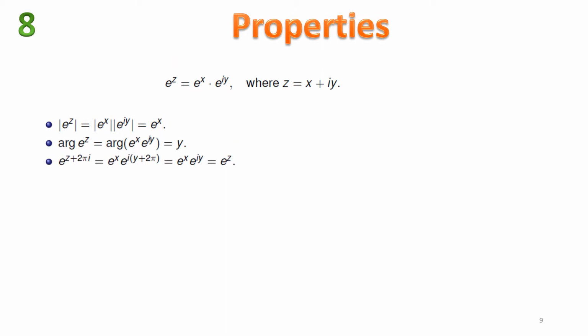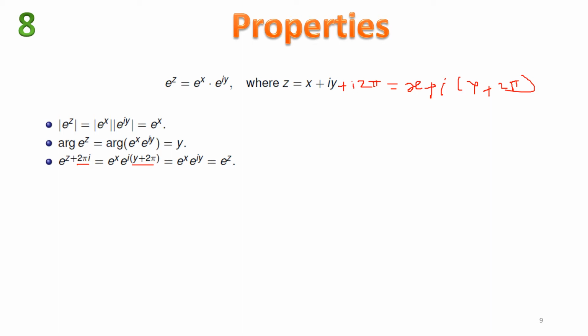Now in the next property, we have added 2 pi i to the number z. So when we are adding 2 pi i to this number, it means that we are adding i times 2 pi. So here we are left with x plus i times y plus 2 pi. So this is what we have written in the next step, that it is e to the x into i times y plus 2 pi.